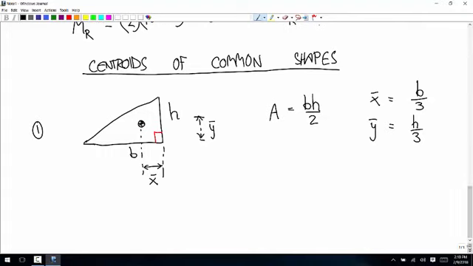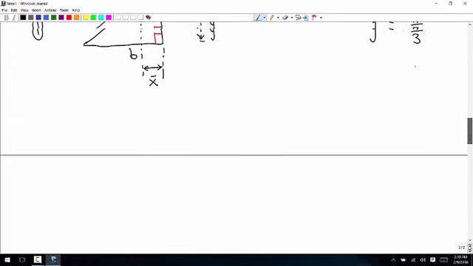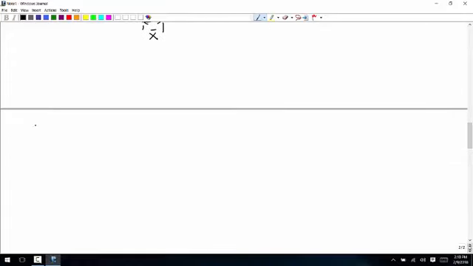And the second one is for a quarter circle with a radius r. So I'll call this distance x bar and this distance y bar.